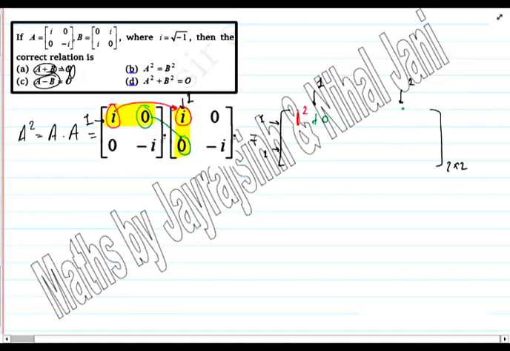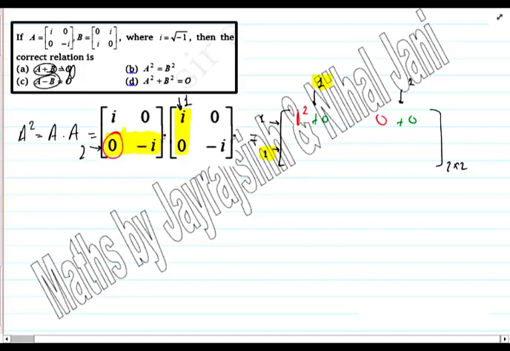Now the second element is in the first row and second column, so let's select the first row and second column and multiply corresponding terms. i into 0 is 0, and 0 into minus i is 0. Now the next element is in the second row and first column. So we have to select the second row and first column.